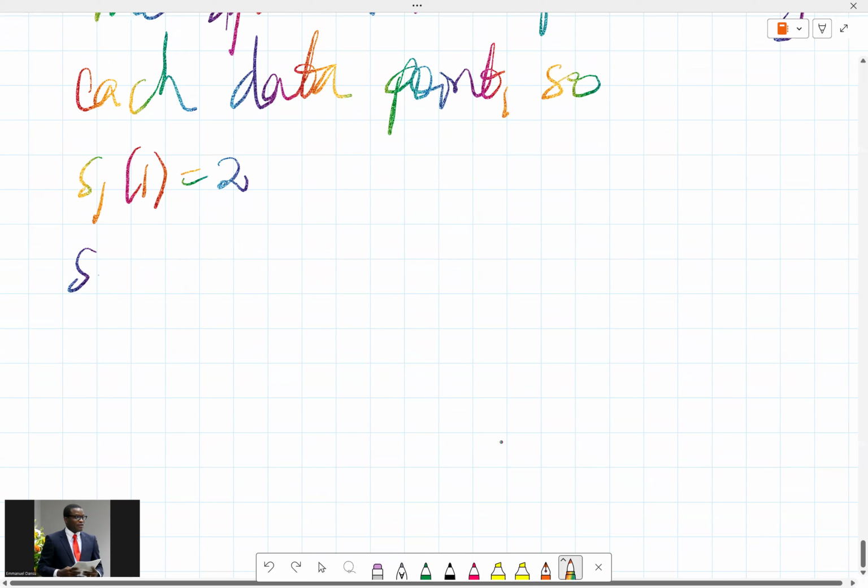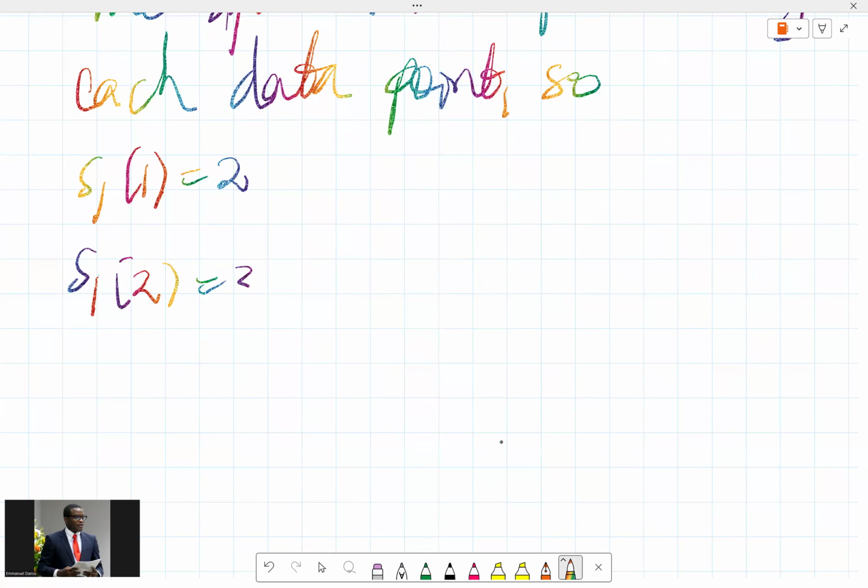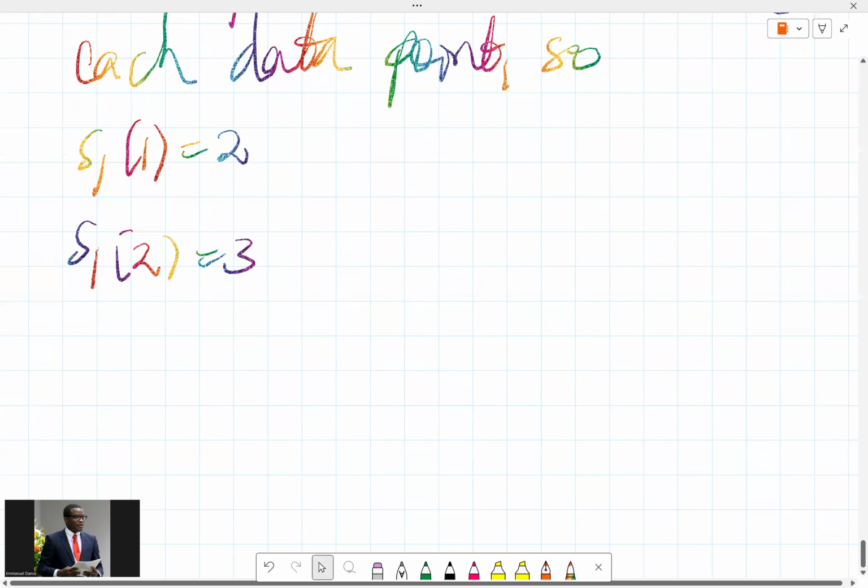So S1 of 1 must be equal to 2, then S1 of 2 must be equal to 3. So those two, right? S1 of 1 is equal to 2, S1 of 2 is equal to 3. Then S1 is joining points 1 and 2. So that's why those two points must be reflected. So that S1 of 1 is 2 and S1 of 2 is 3.